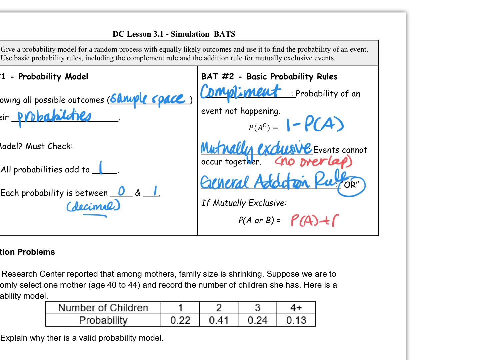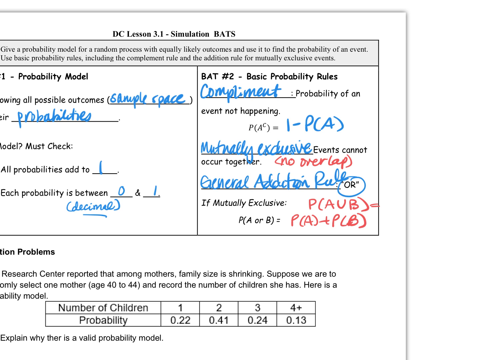Probability of A plus the probability of B. Okay, as long as there's no overlap. And in probability, we use some symbols that are kind of weird, but we would say probability of A or B. It looks like a U, but we read it as or, if it's mutually exclusive.